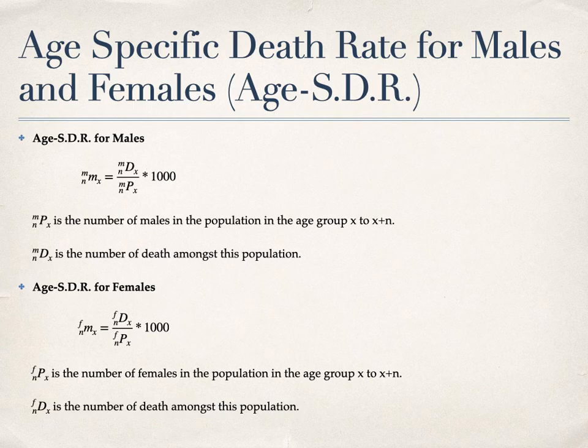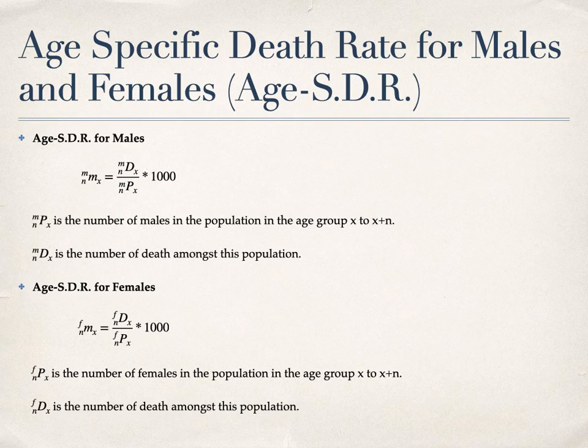In the beginning there were no classifications or divisions, but in the previous one, the age specific death rate, we divided the total population into different age groups. Now we are including one more restriction, that is male and female.